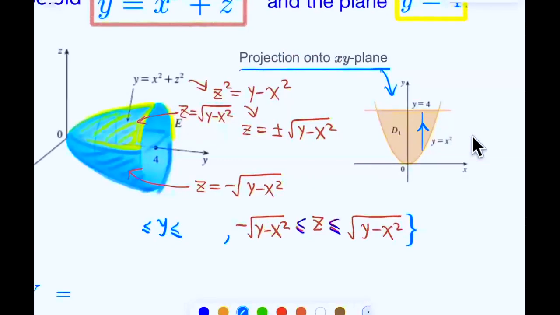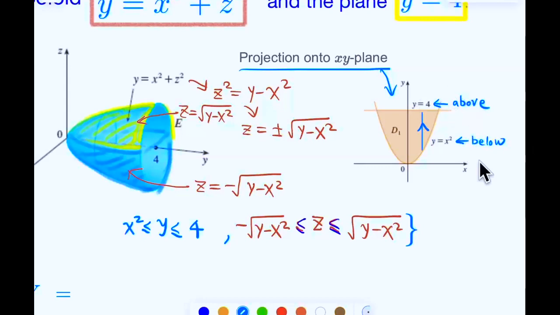It's going to be x squared, right? So the x squared here, and x squared over here, and then bounded above by the 4, right? So y is going to be bounded below by x squared, bounded above by 4.